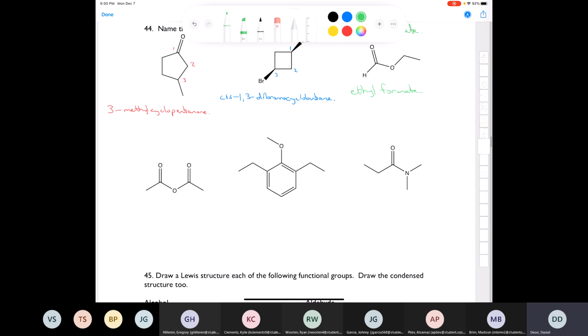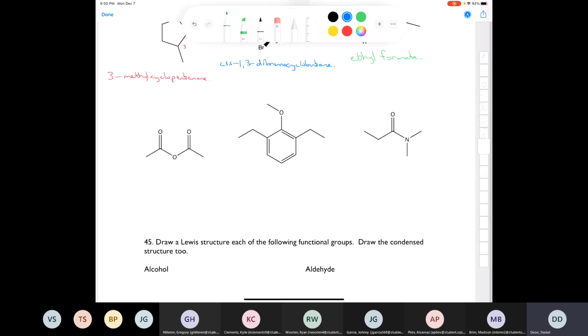Okay, let's go down here. Hey, I have a question for you guys. Can anybody name this compound right here if I circle it? This compound, it's a compound that we looked at a bunch of times. You're darn right. It's some kind of anhydride.